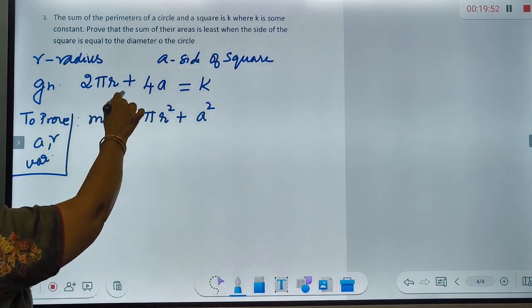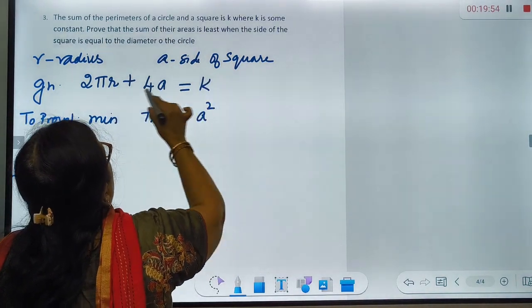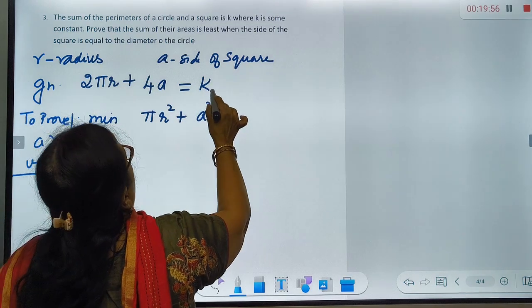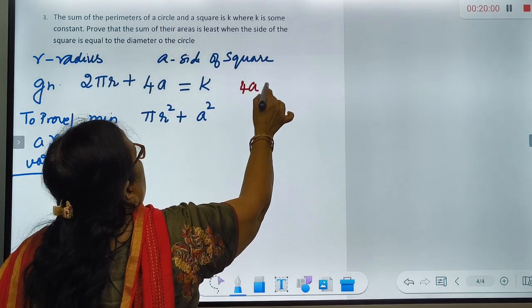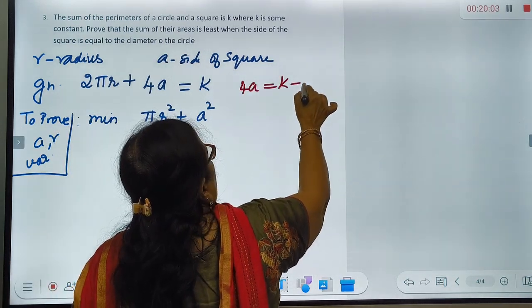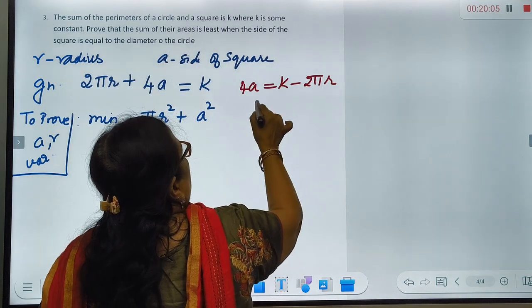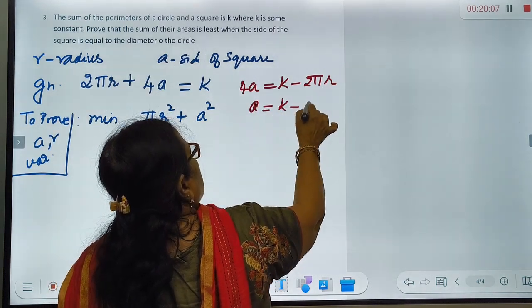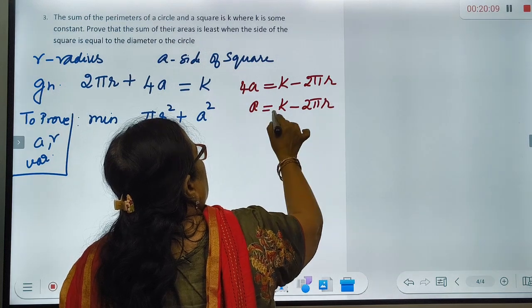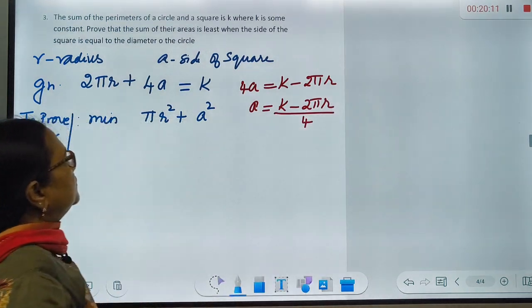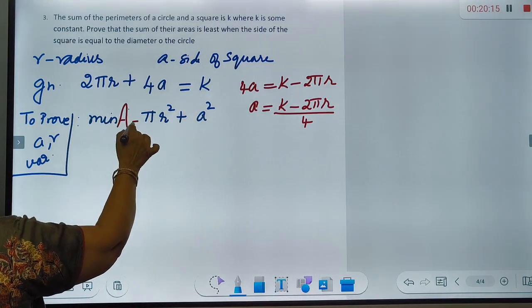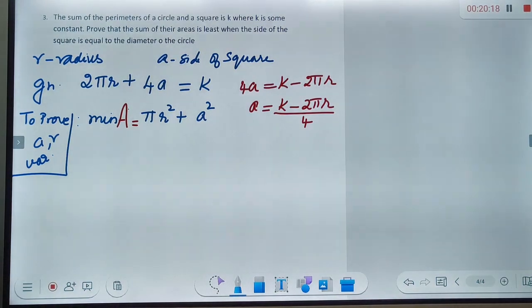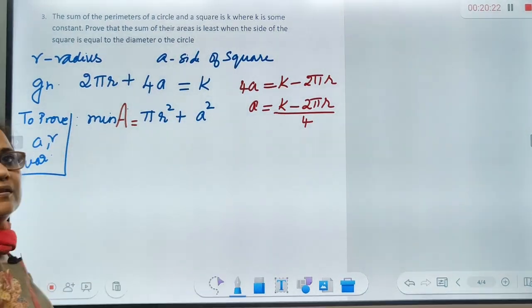Now, from here, see, if 2 pi r plus 4a equals k, I can write 4a equals k minus 2 pi r, or a equals (k minus 2 pi r) by 4. So, we have to minimize the area, which is equal to pi r square plus a square, where the relationship between a and r is given here.